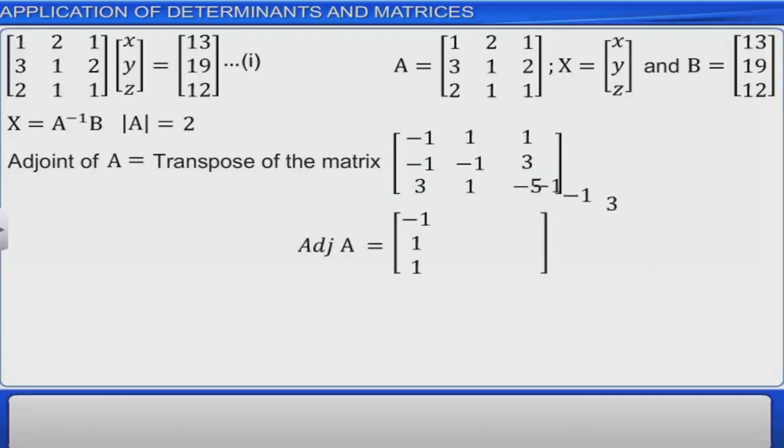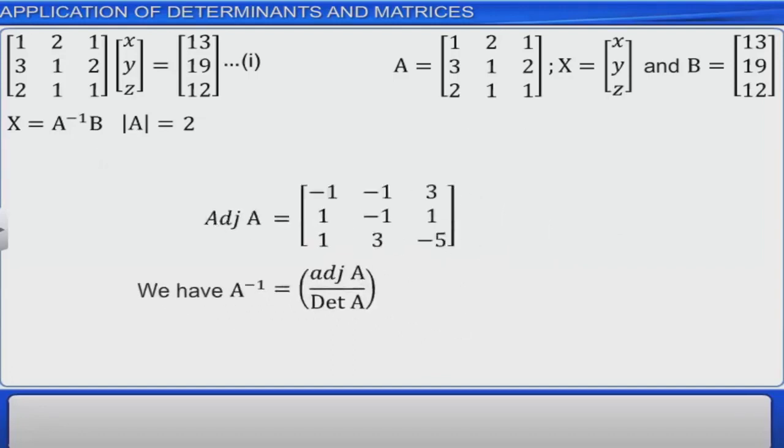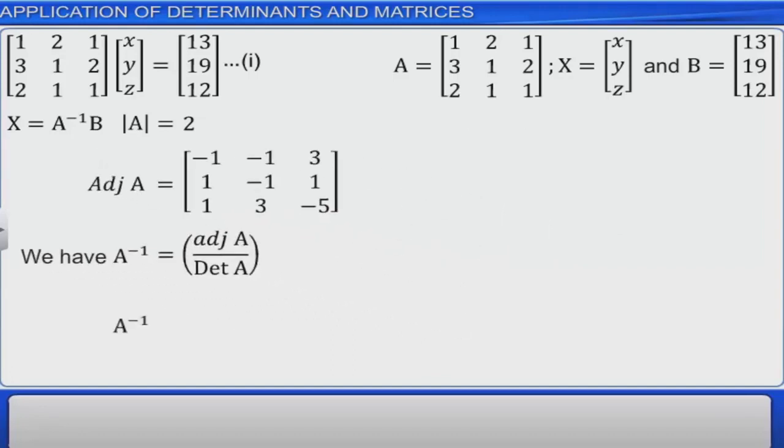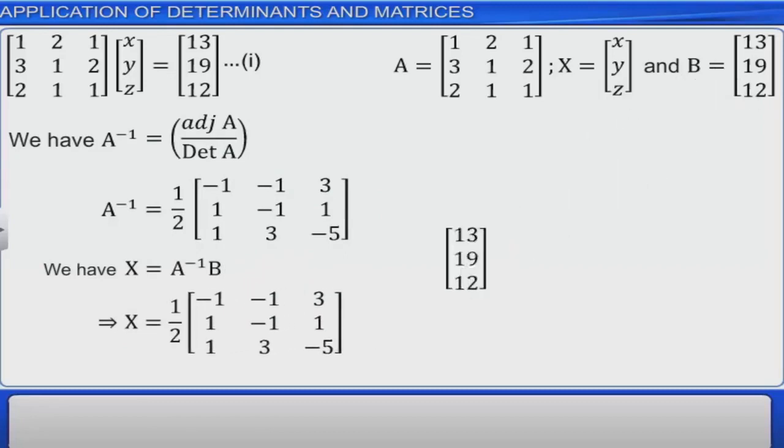Now, A inverse is equal to adjoint of A divided by determinant of A. On evaluating A inverse, we get the matrix as shown. Finally, finding the product of the matrices A inverse and B, we get a column matrix with the elements 2, 3, and 5.